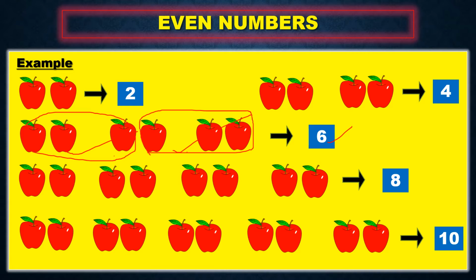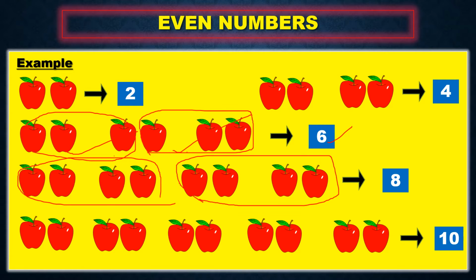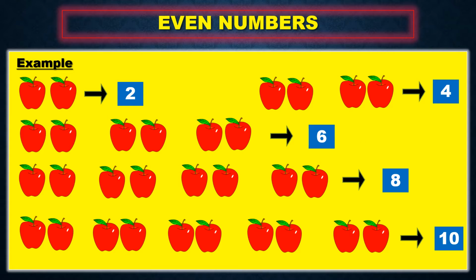Here also I can distribute like this, 4 in one set and 4 in another set. So they are distributed evenly, or equally. If they are distributed in such a way, then this number is an even number, meaning there should not be anything left behind. If any apple or anything is left behind, then that number is not an even number.